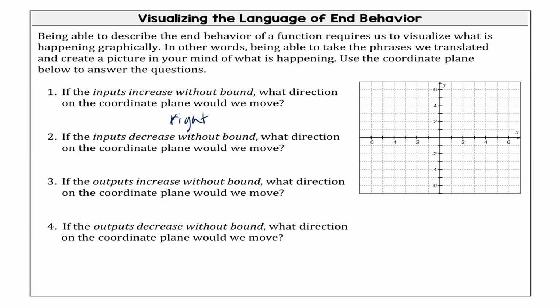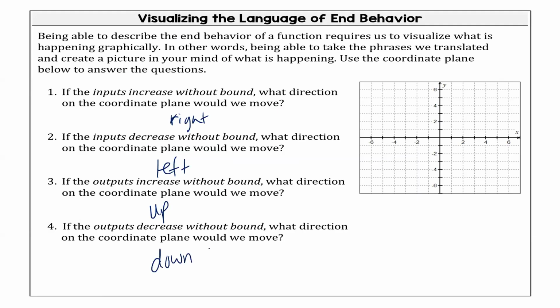If the input is decreasing without bound, what direction am I heading on the graph? To the left. If your output is increasing without bound, what direction is it heading? Up. And if your output is decreasing without bound, what direction is it heading? Perfect.